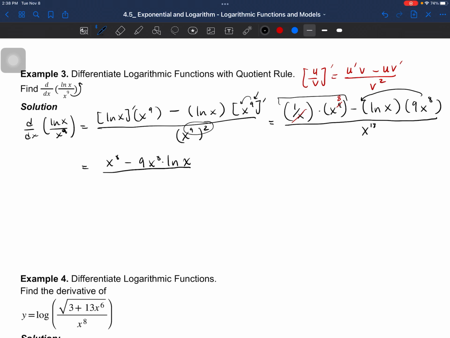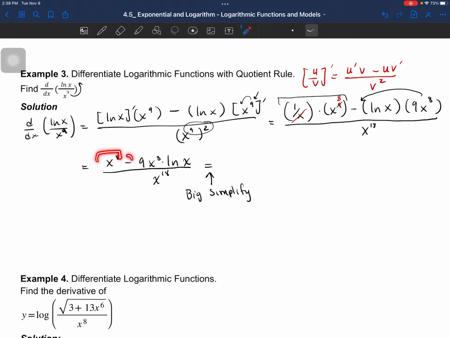Otherwise, the reader will think that the whole thing is inside the natural log, and that's not the same expression. So that's the reason why. That makes it more clear to the reader that the 9x to the 8th is not inside the natural log of x. And here what we're going to do is we're just going to carry that over.